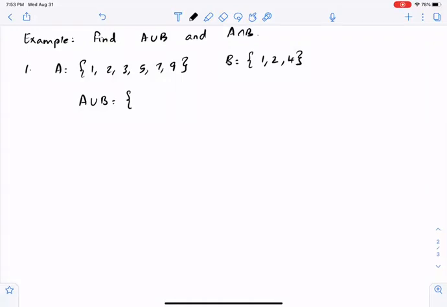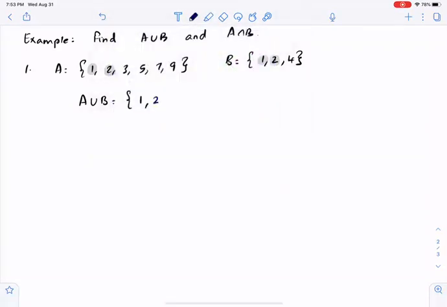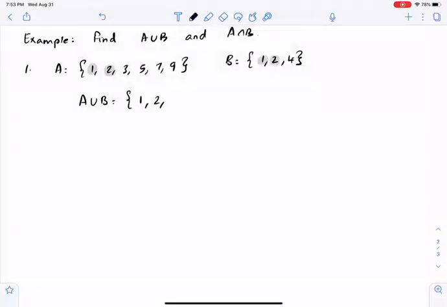Contains all the elements of A and all the elements of B. So the elements are, I've got 1 here, 1 there, so 1. 2 here, 2 there, I've got 2. And 3, I've got 4, and 5, 7, and 9.